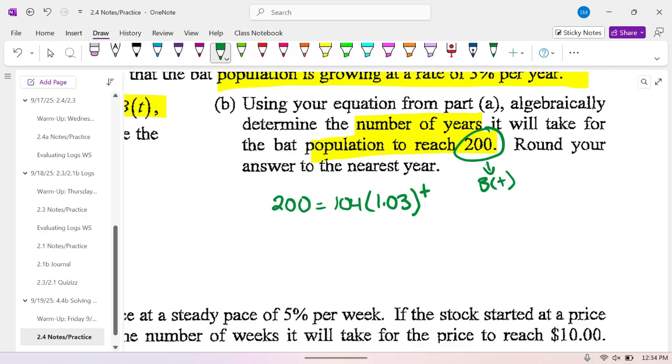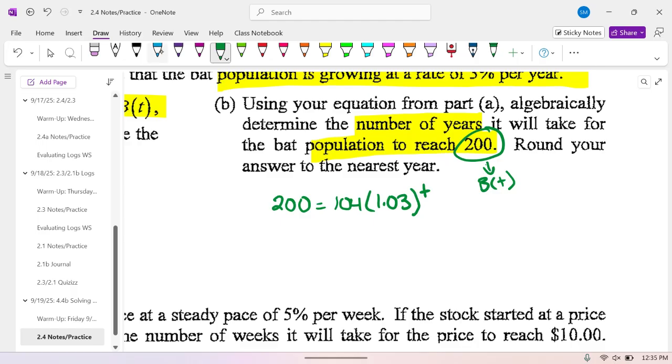Is the base by itself? It's not true. It's being multiplied by 104. So we've got to get rid of this 104 first before we can take the logs of both sides.